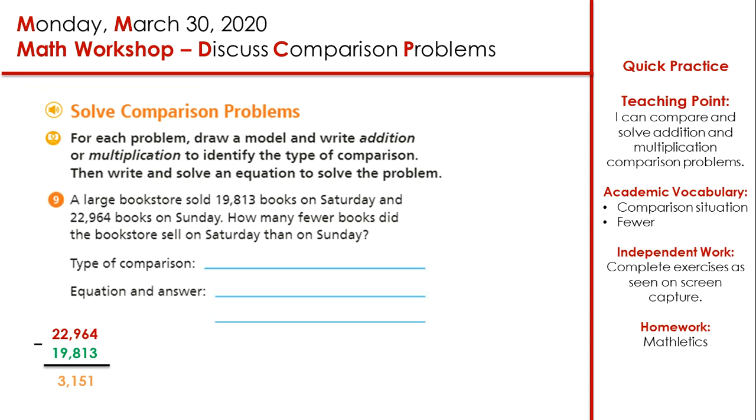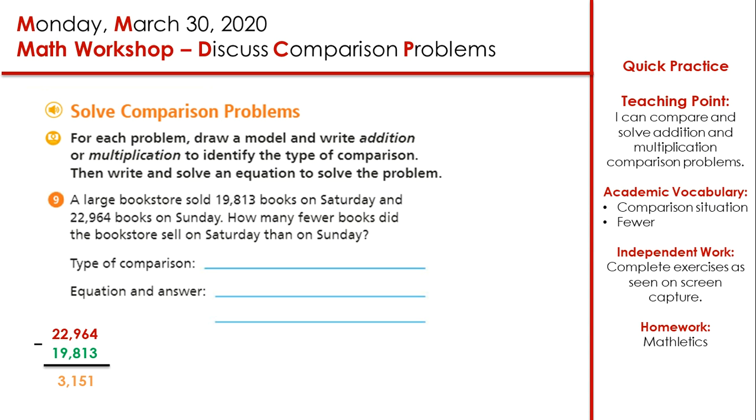So right here we have a situation where I need to compare the amount of books sold on Saturday against the amount of books sold during Sunday. So basically, I will have a situation where I need to subtract. But how am I supposed to identify this as either addition or multiplication if I'm supposed to subtract?